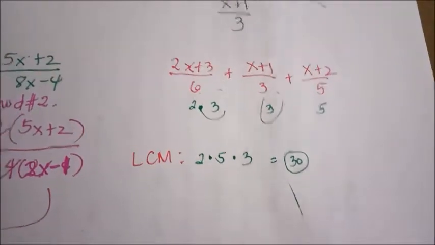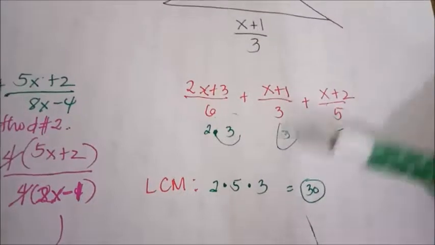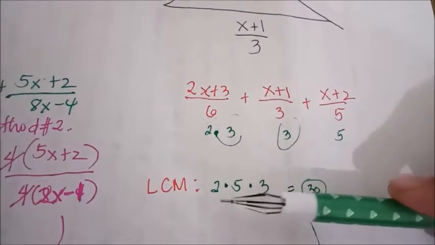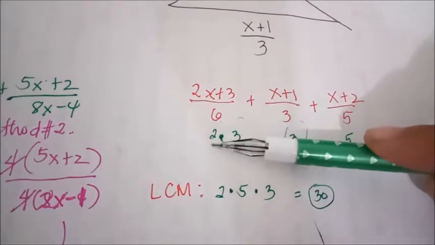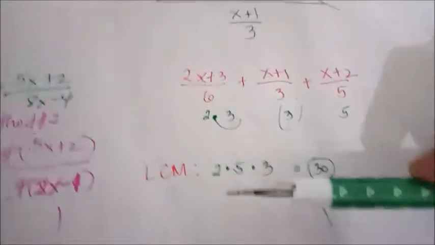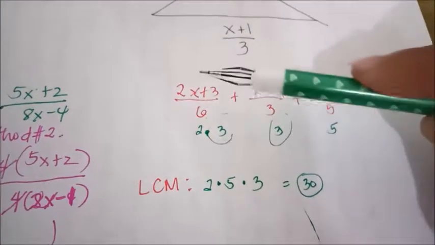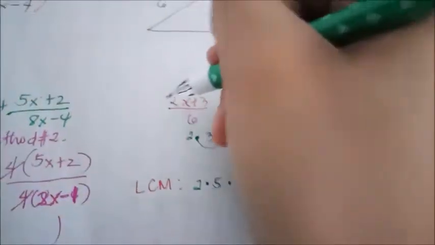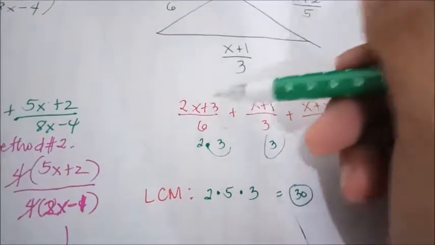Okay? So, now, dito na tayo sa factored form tumingin na. We have here the LCM, which is 2 times 5 times 3, and ang factors ng 6 na 2 times 3. Anong factor sa LCM ang wala dito? If your answer is 5, ibig sabihin 5, ang ita-times natin sa numerator, which is 2x plus 3.